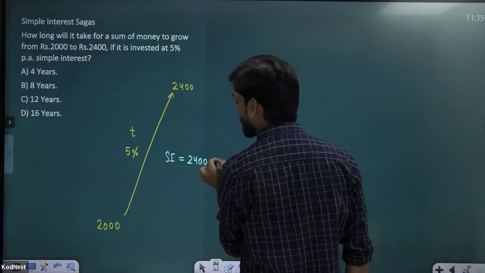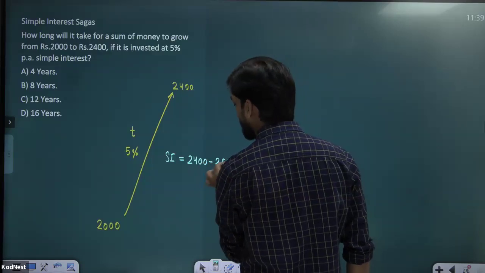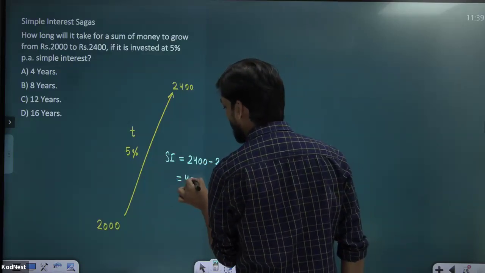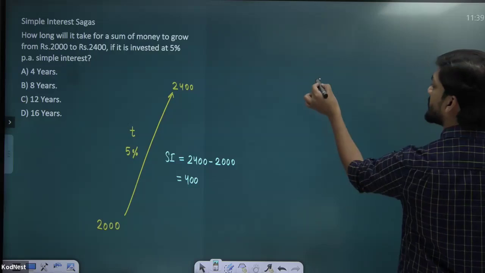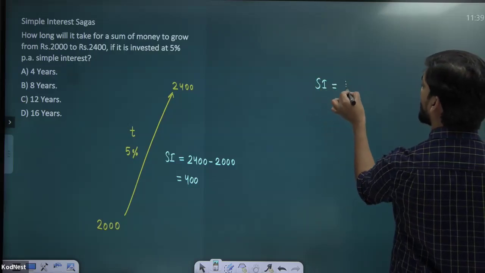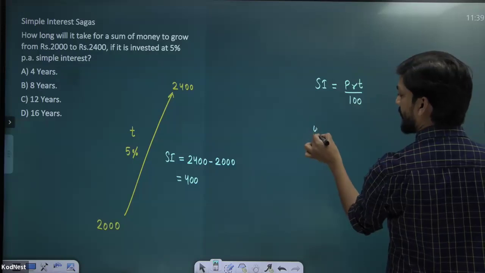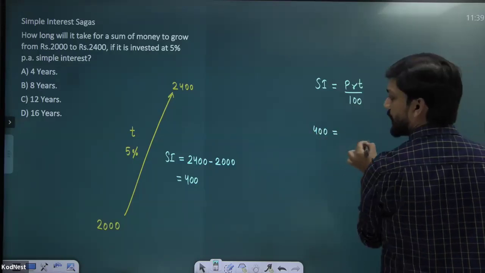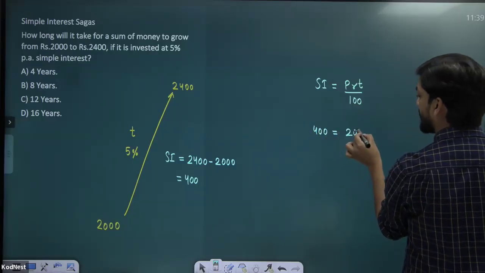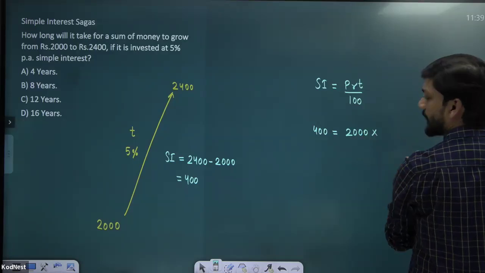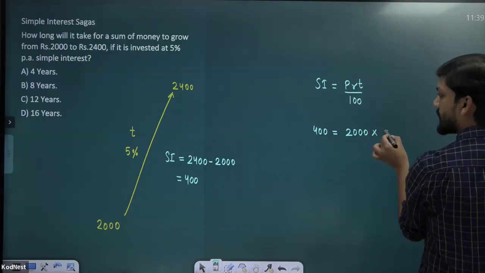2400 minus 2000, that is 400. And then we can apply the formula simple interest equal to PRT by 100. 400, principal is 2000. Rate of interest is 5.